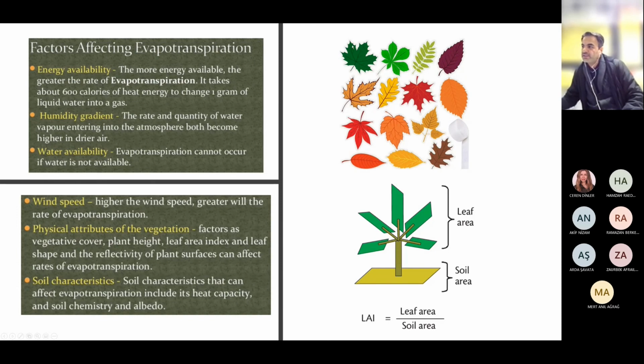You see, based on different types of leaves, it is possible that leaf area is higher than soil area, and this index shows whether the amount of transpiration is higher than the amount of land evaporation, or vice versa.